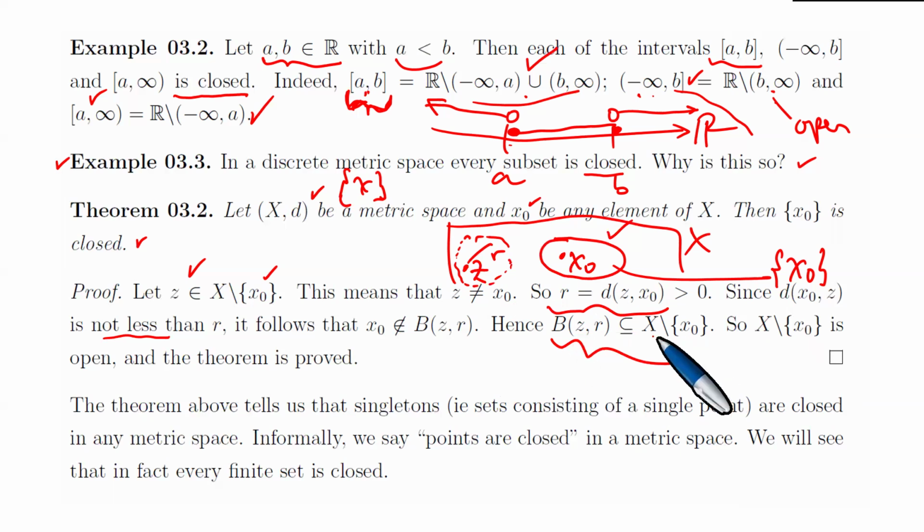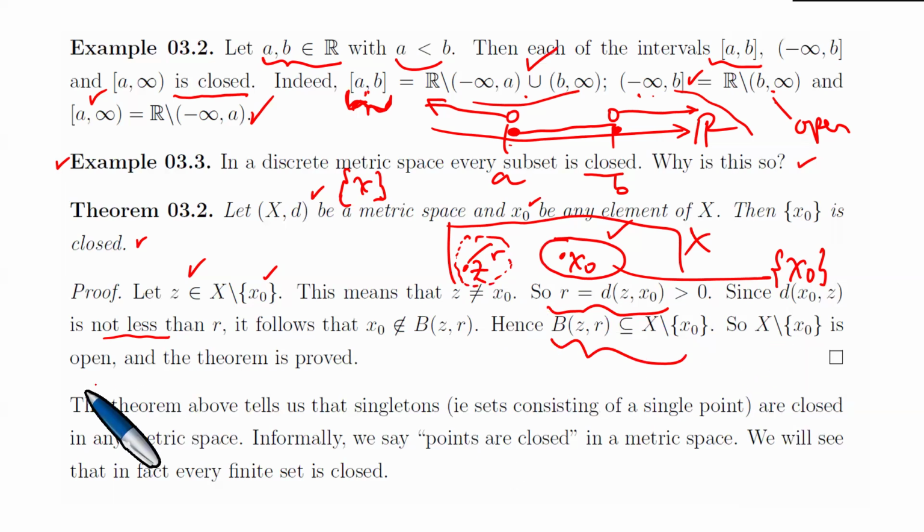Yes, that is true, because the complement of X0 contains an open ball. It means every element of the complement can be covered by an open ball, so every element is an interior point of the complement.